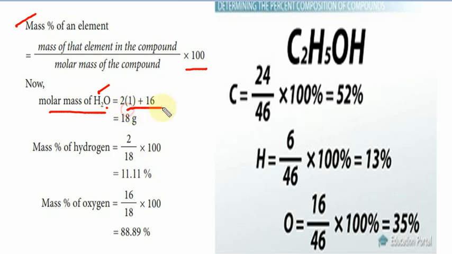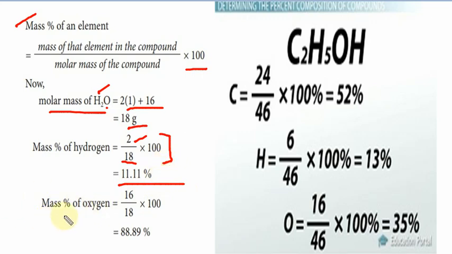So 16 plus 2 is 18 gram. Now the mass of hydrogen is 2, and how will we calculate the mass percentage? Mass of the element, 2, divided by the molar mass of the compound, that is 18, into 100. So it comes out to be 11.11%. When you calculate this fraction, you will get the answer.